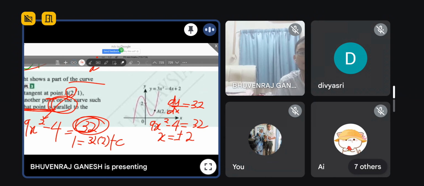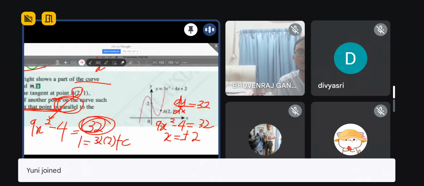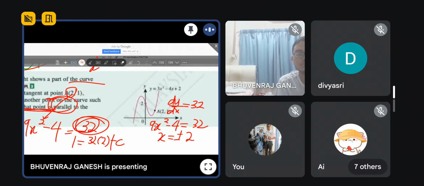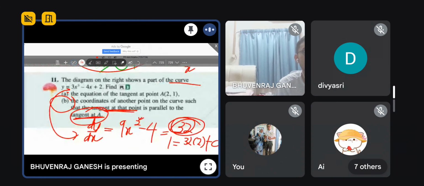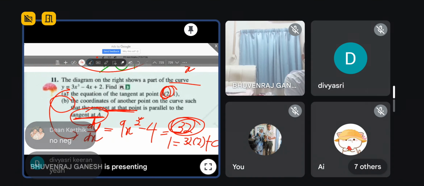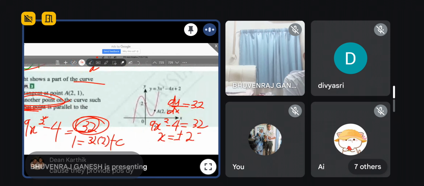So now you must decide, guys, which value I must use. Is it positive 2 or negative 2? Which one? Okay, so why do you say that? Are you sure it's positive? Check carefully. You must look carefully at the whole question. If you notice in part A, you already have a coordinate with the x value 2. Can you see this? So that means now they ask you for another point. So you must reject the positive.